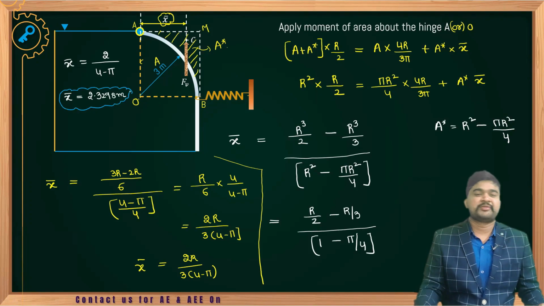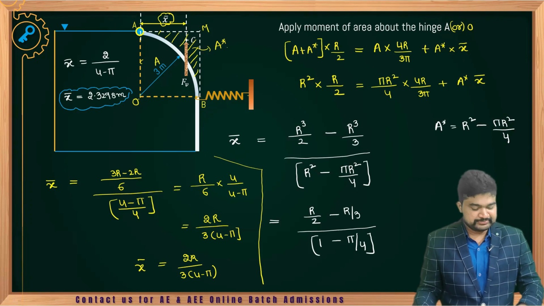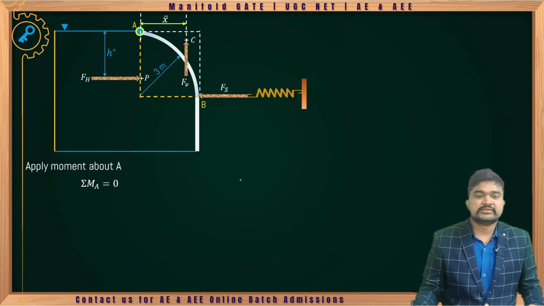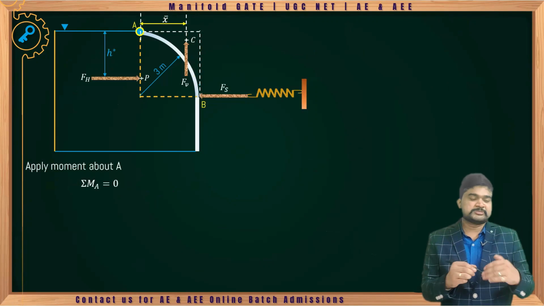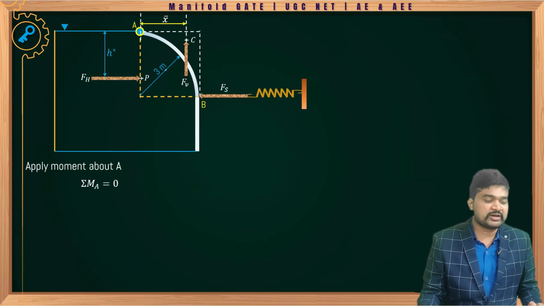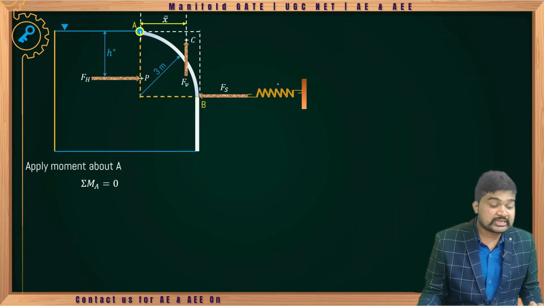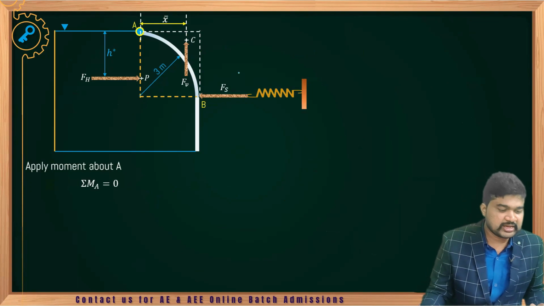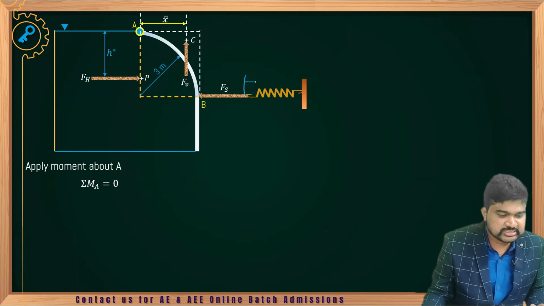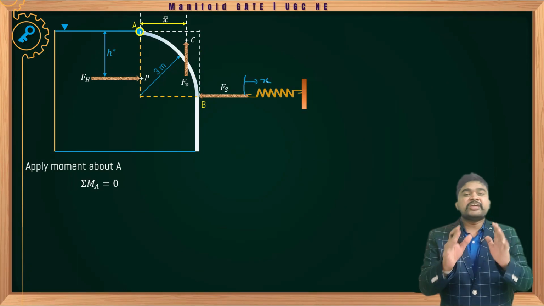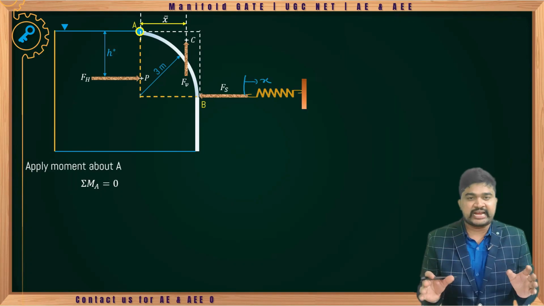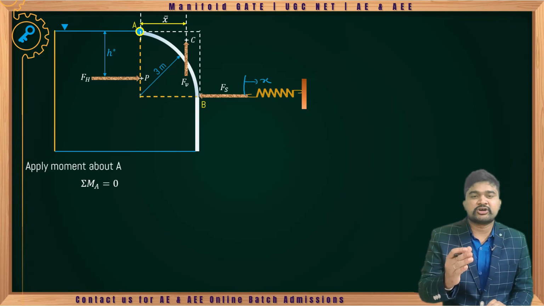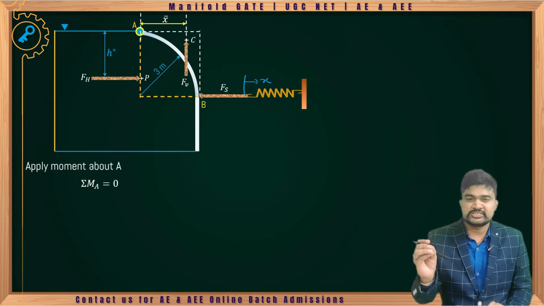Now we can draw the free body diagram. So here, see here, because of this particular gate, this spring will be compressed. So compression in the spring you will be getting. Spring force always acts opposite to the direction of deformation in the spring.